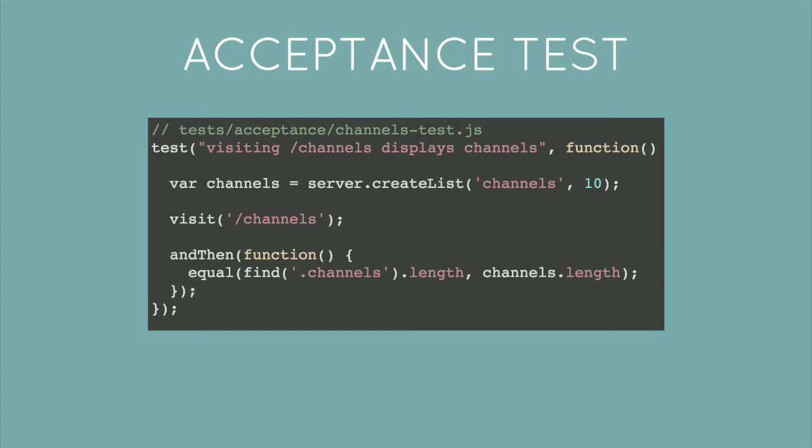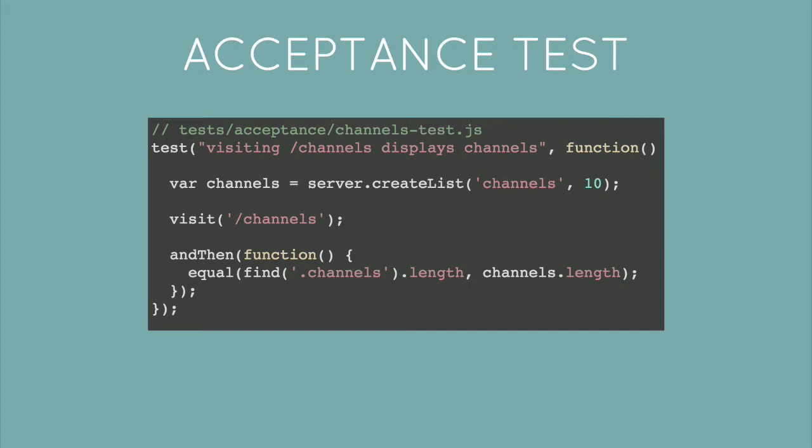So what does that look like when you are using it in an acceptance test? When you're using QUnit and you create a test like this, ember-cli-mirage creates the server instance that gets injected into your acceptance test. Now that you have that available, it has a couple of different functions.